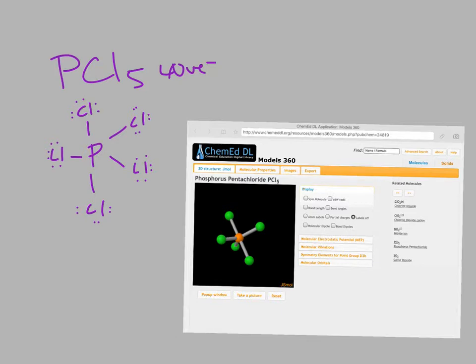And because it has 5 bonded atoms and no lone pairs, it's going to be trigonal bipyramidal. So I can pull this over here.